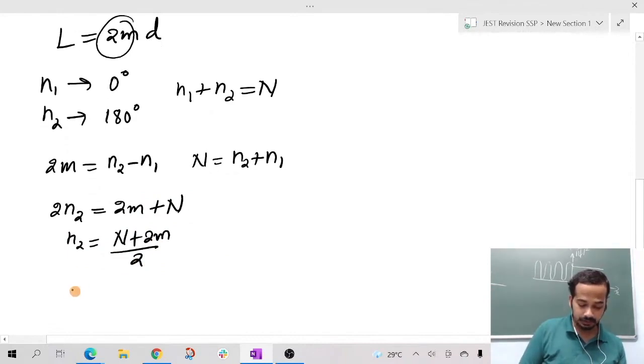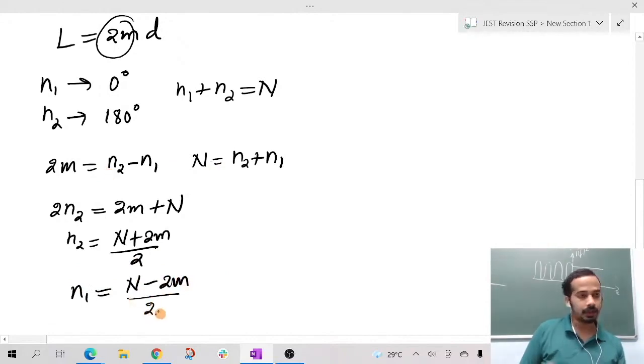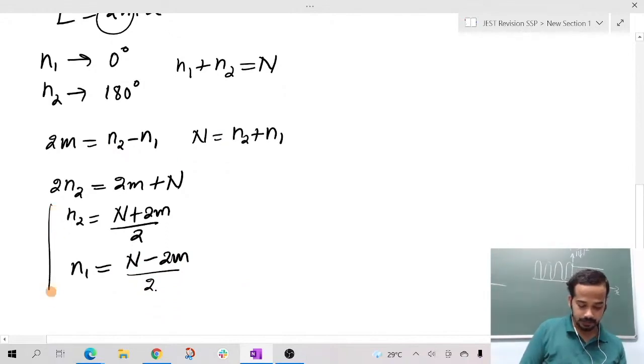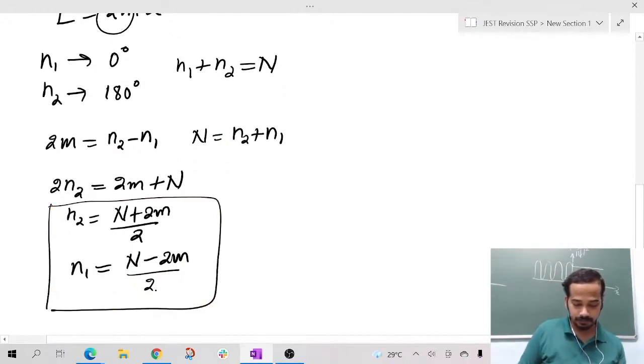Similarly, you can solve for n1. If you subtract these two equations, it will be n minus 2m, whole divided by 2. Am I right or not? You can solve it for n1 and n2.